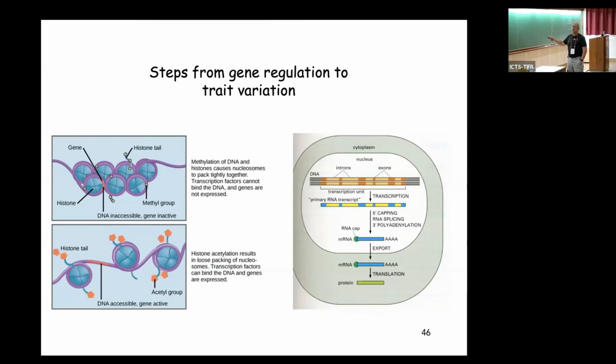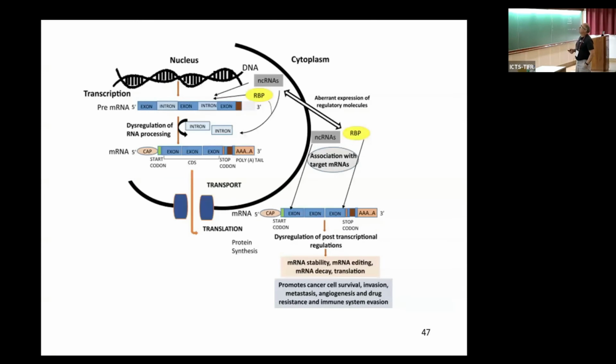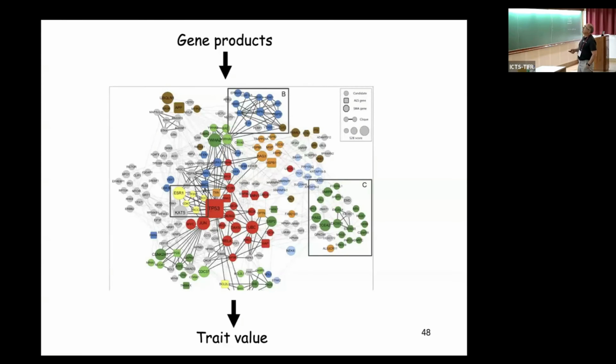So each of these intermediate steps has genetic variation, and those are steps where you can have little effects that might influence the final downstream product. Then you take all these things from gene and run it through a very complicated biological network. So these are now protein-protein interactions. There are huge amounts of areas where regulation can impact your final trait.